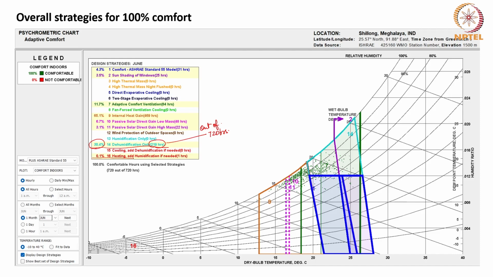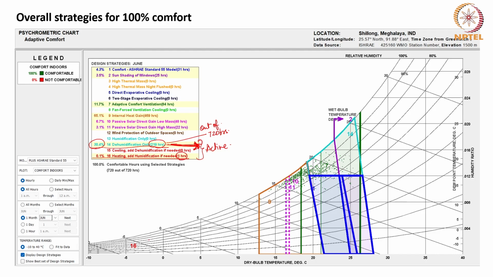Also, heating is required for only 1 hour in that entire month. So, with just these two active strategies, or I will say primarily this active strategy, you can shift almost 100% of the hours into comfortable mode.